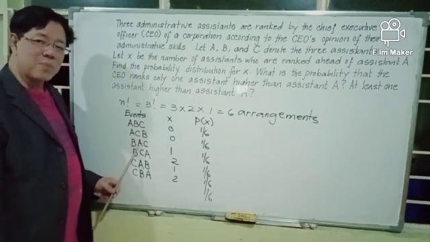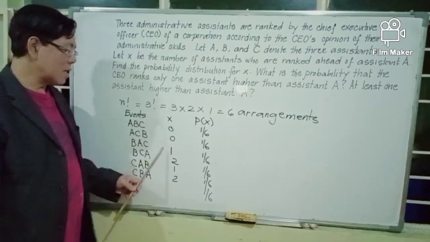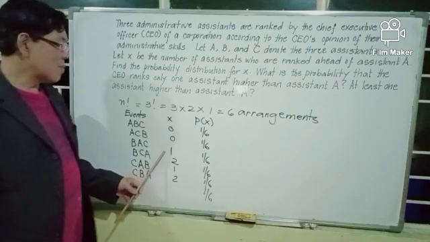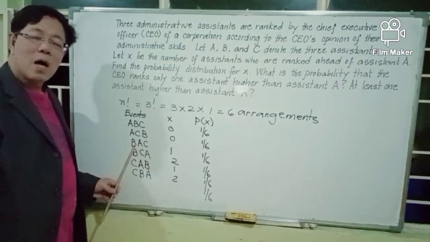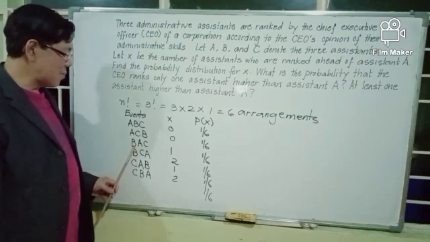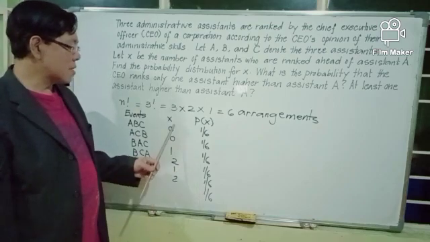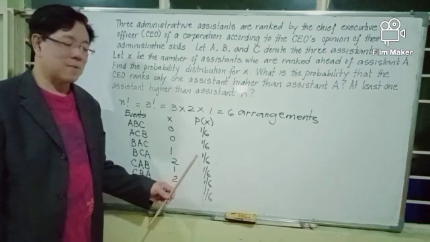For the arrangement BAC, where only 1 assistant is ranked ahead of A, the value of the discrete random variable x is 1. For this arrangement BAC, the probability that x is 1 is 1 over 6.